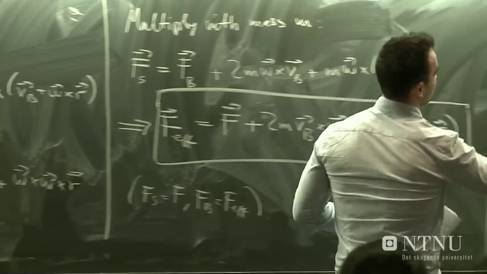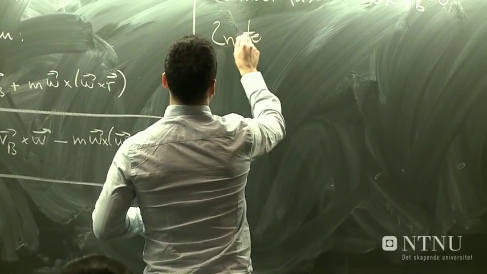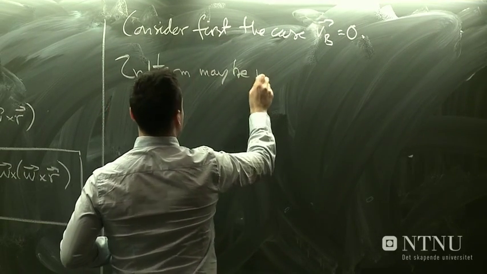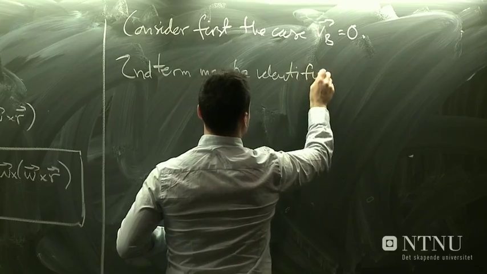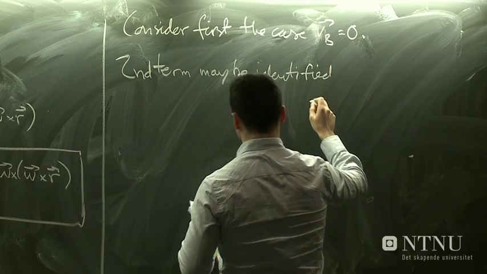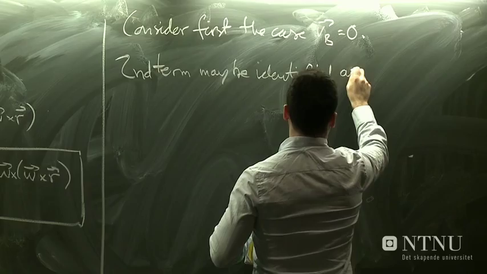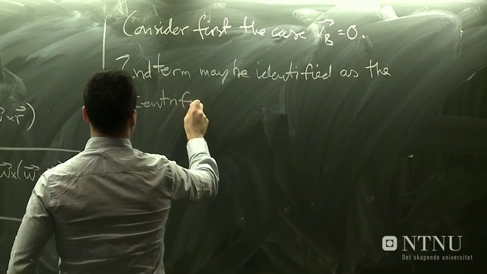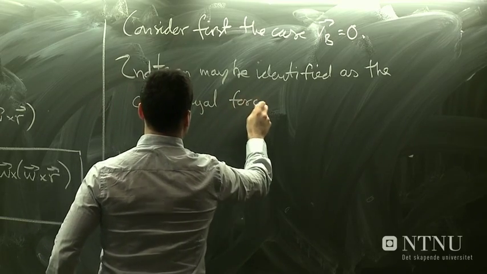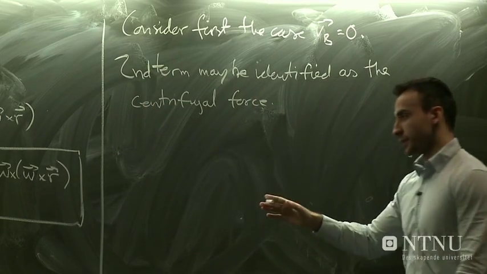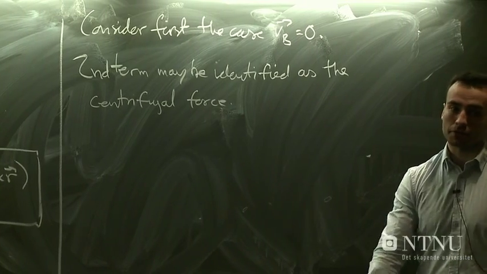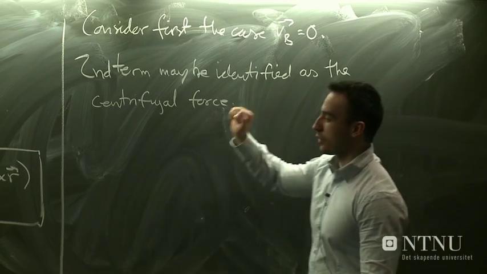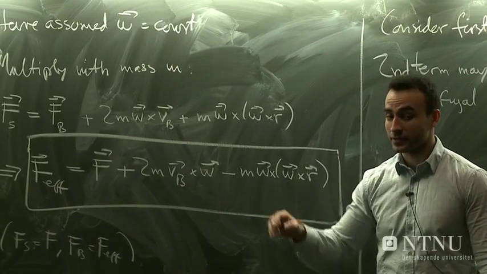So this term, the second term in this equation, may be identified as the centrifugal force. So that was for the limiting case of where you are stationary in the car.